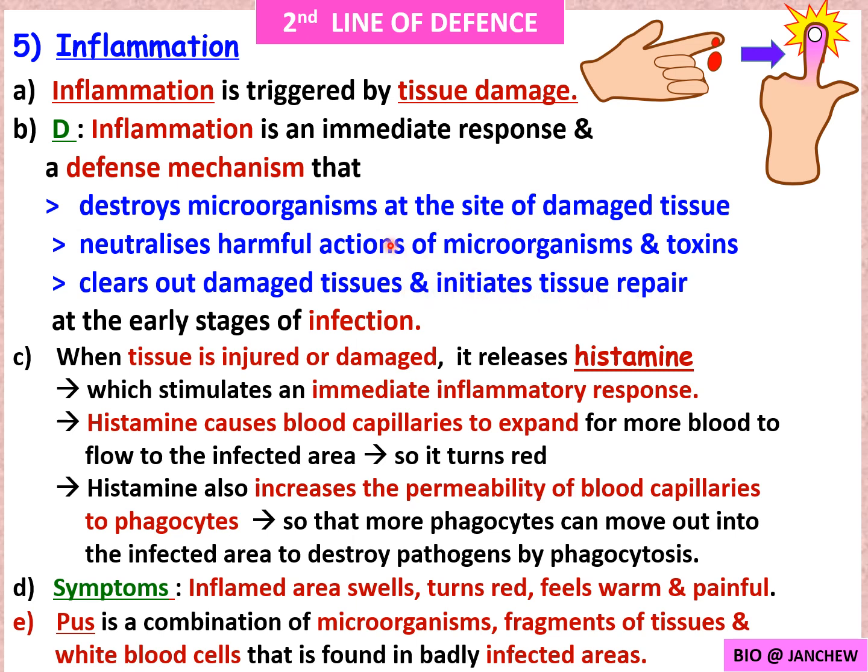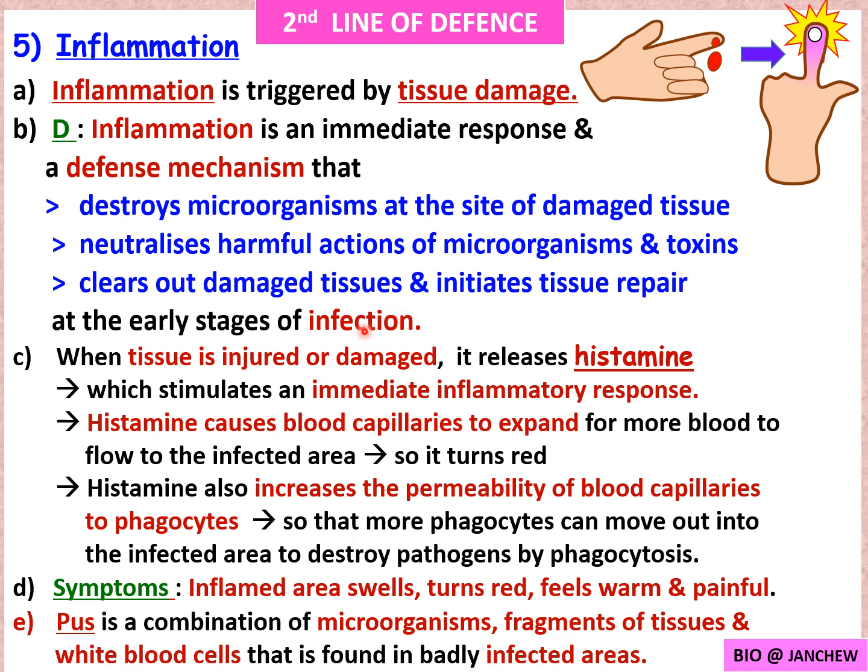For example, to destroy the microorganisms, phagocytes will be transported to the area where there's tissue injury. And these phagocytes will carry out phagocytosis to destroy the microorganisms. Also, to clear out the damaged tissues, the phagocytes will engulf these tissues and digest them so that they will be cleared out.